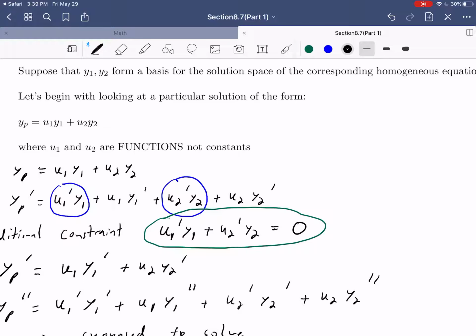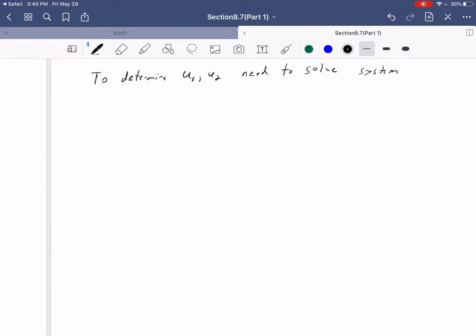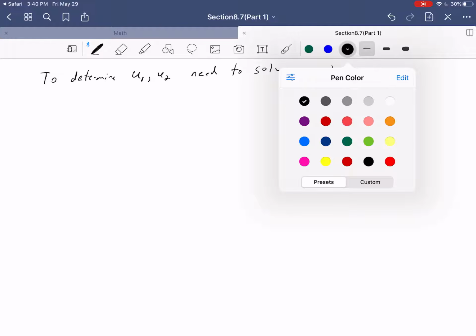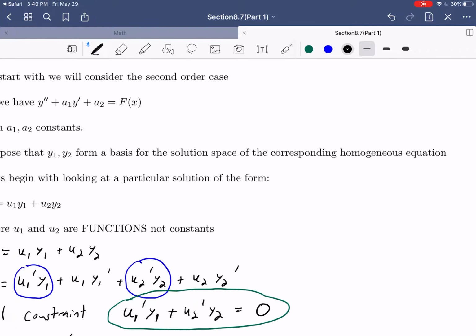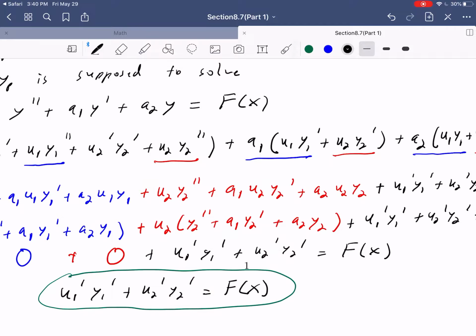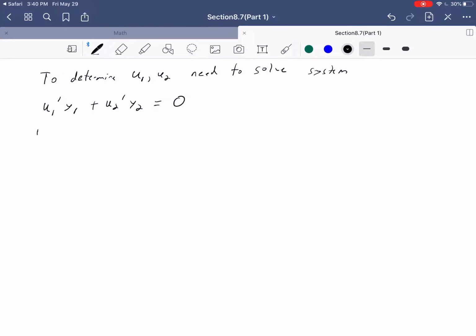We came up with that additional constraint: u1 prime y1 plus u2 prime y2 is supposed to be 0. And after plugging in, we saw that it also has to satisfy this equation: u1 prime y1 prime plus u2 prime y2 prime is supposed to be f of x.